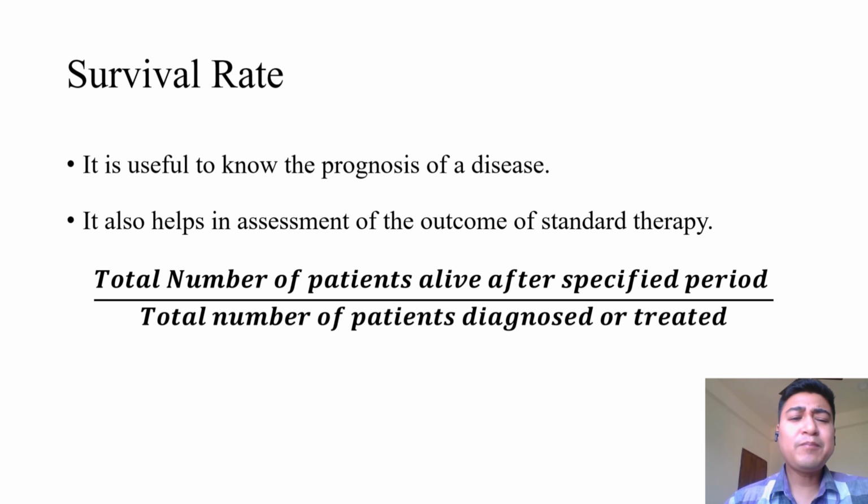It again points towards the prognosis, how proper the treatment is, how it is given, how virulent the organism or disease is, and ultimately we will be able to decide better whether a fund or a national health program is required for that particular disease or not.